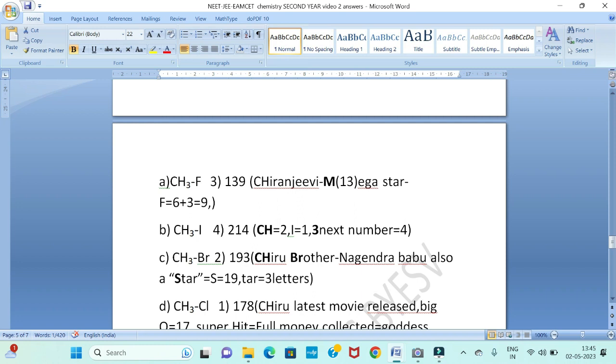He is acting as a star. The keyword is star. S is 19, and tar has 3 letters. So 193. 19 is S, and the 3 is the letters in tar. Like that you can remember. Chiranjeevi's brother is also a star.